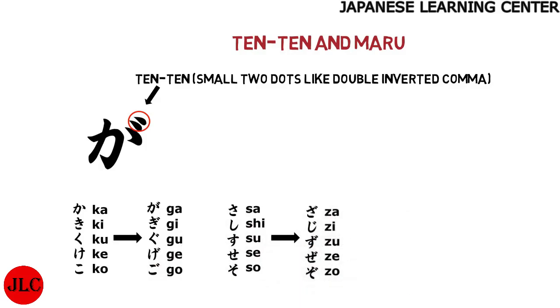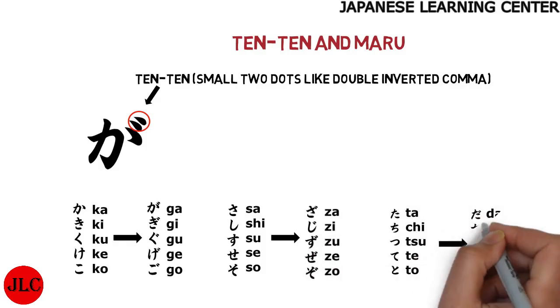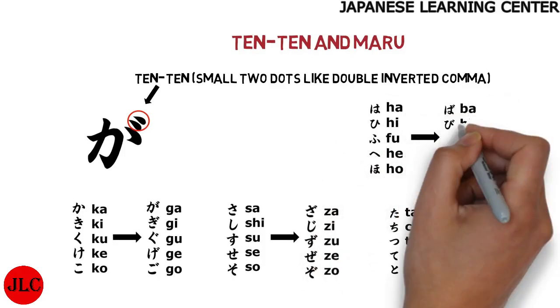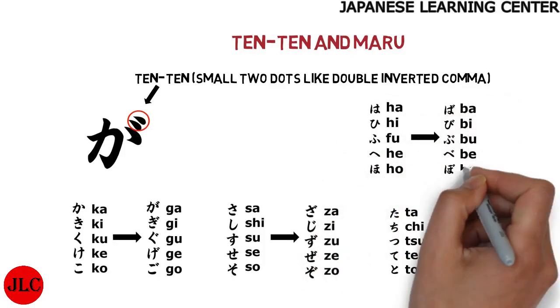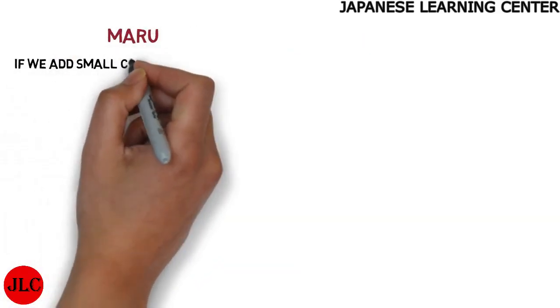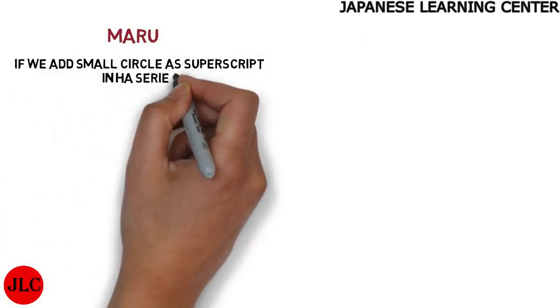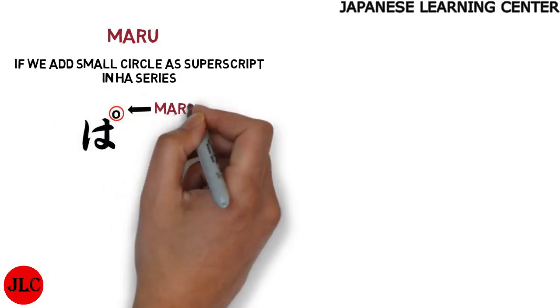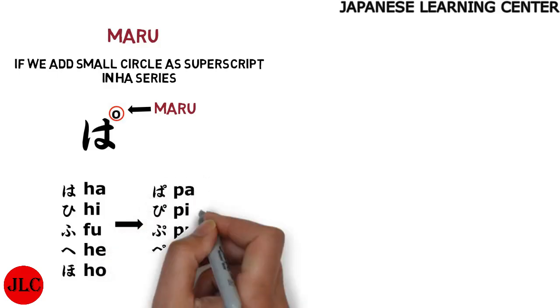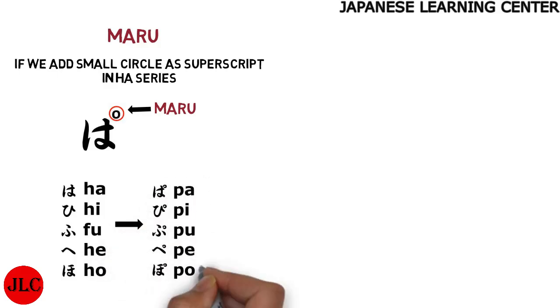The ta series gets converted into the da series: da, ji, zu, de, do. The ha series into ba, bi, bu, be, bo. There is another thing which is called maru. That means if we add a small circle as a superscript to the ha series, then the ha series gets converted into the pa series, which is pa, pi, pu, pe, po.